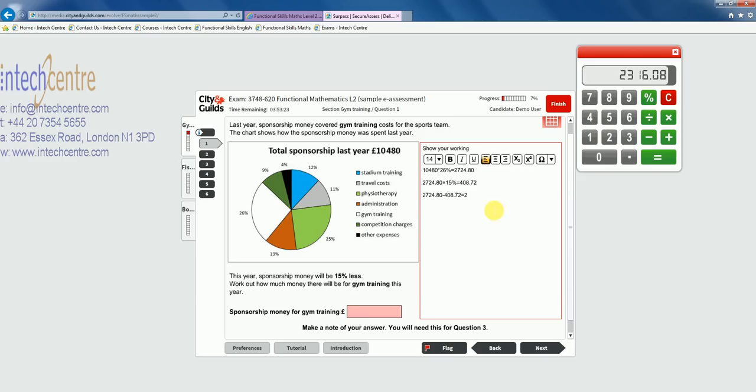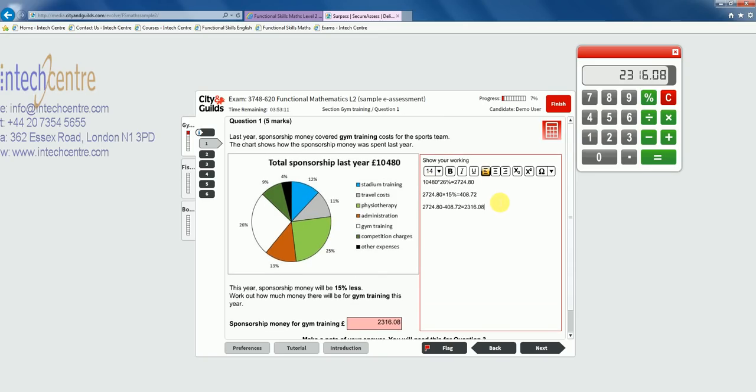This gives us a final answer of 2316.08. So we would put this answer here. Please make sure you check all your calculations in case you make a calculation error, and also show your working out, as you can get marks for it if your final answer is incorrect.